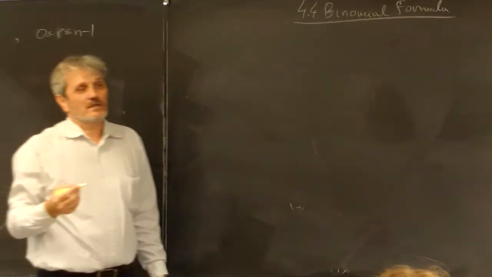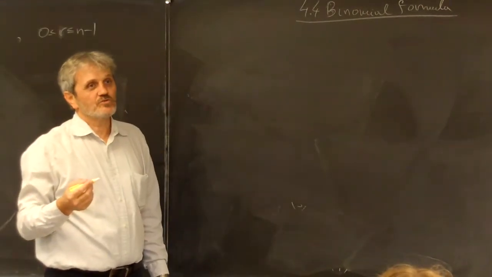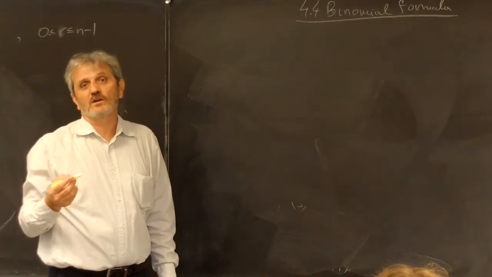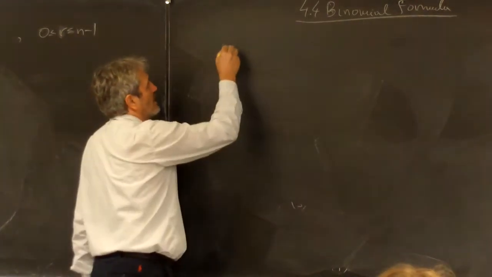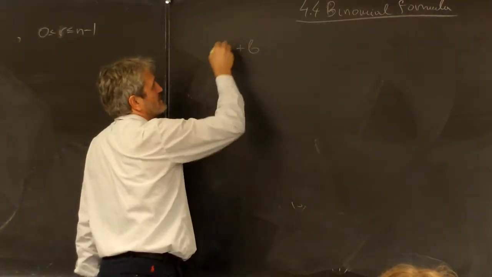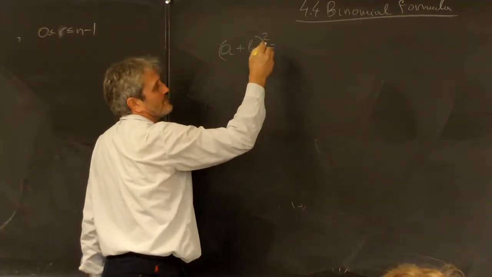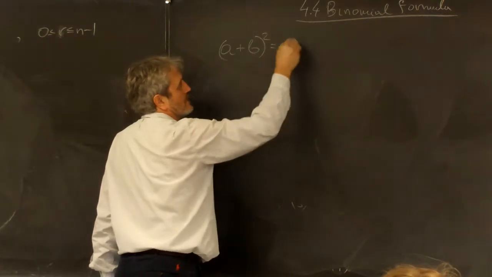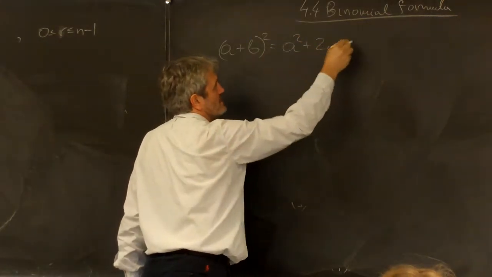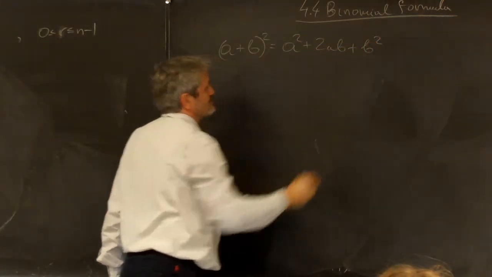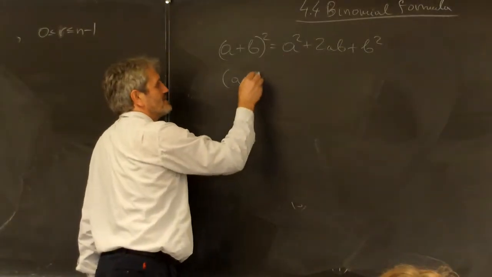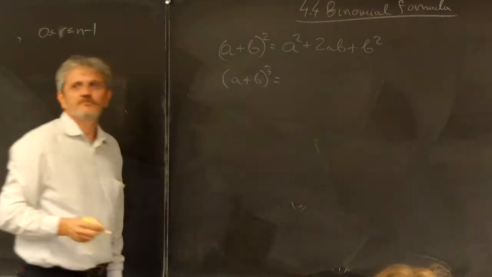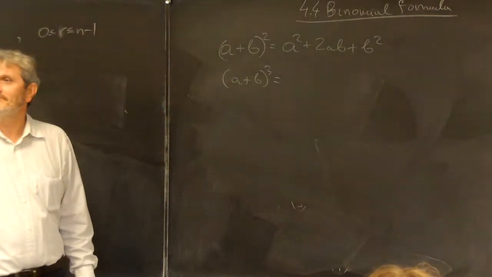The binomial formula gives you a way to raise a binomial to a certain power quickly. And you already know some versions of that formula. What would it be? You know how much is (a + b) squared? a squared plus 2ab plus b squared. And then maybe you forgot this one. (a + b) cubed. a cubed, b cubed, 3a squared b, 3ab squared.